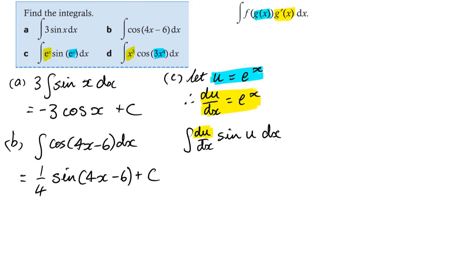These cancel because we are integrating a derivative. And so we're left with the integral of sine of u with respect to u. Recall that the integral of sine is negative cos of u, and then we substitute back in with our u value.